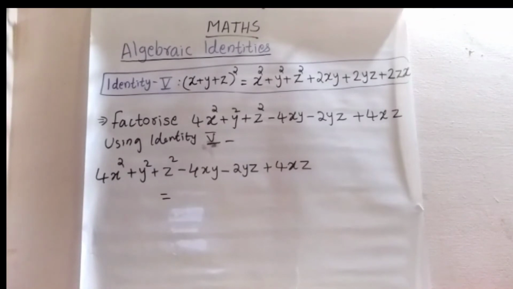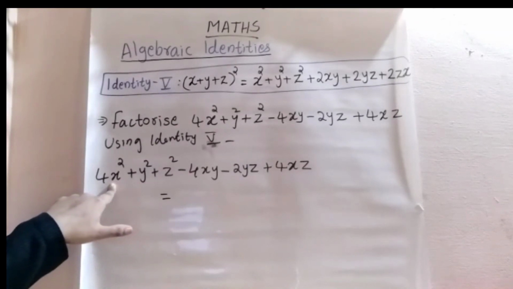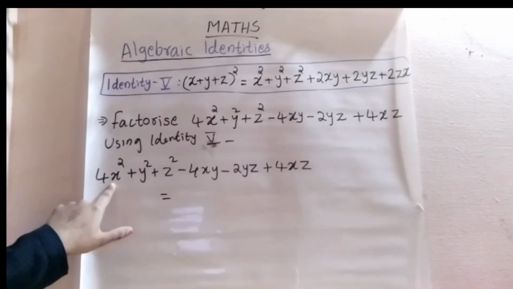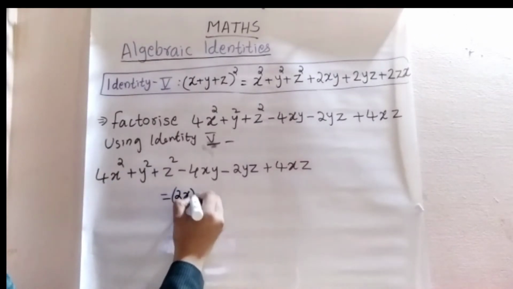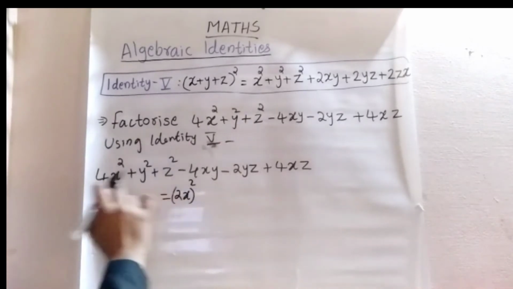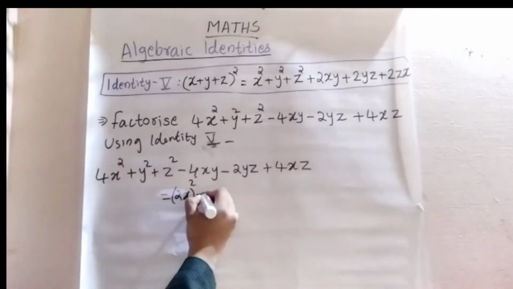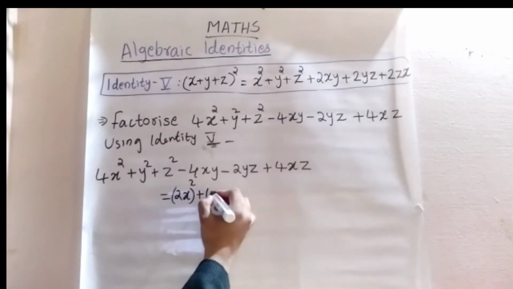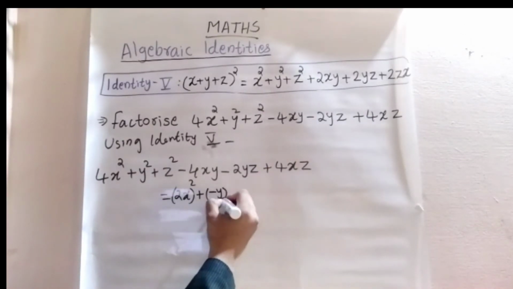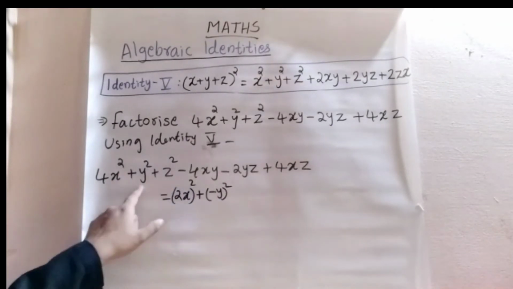4x square, we can rewrite as (2x) whole square, that is 4x square. Plus (-y) whole square, that is y square.